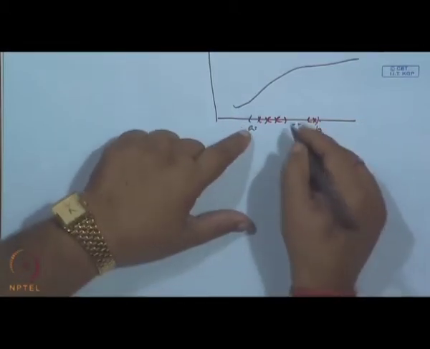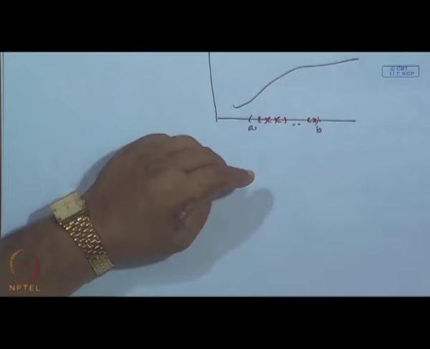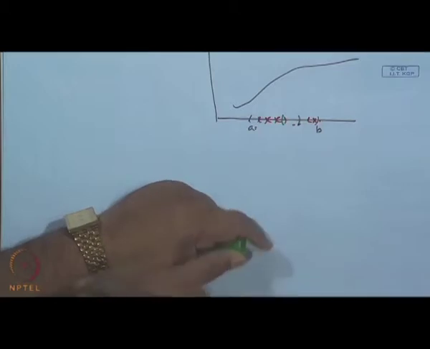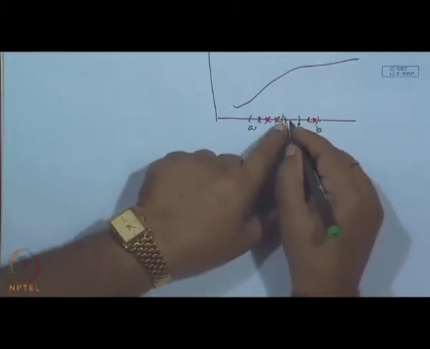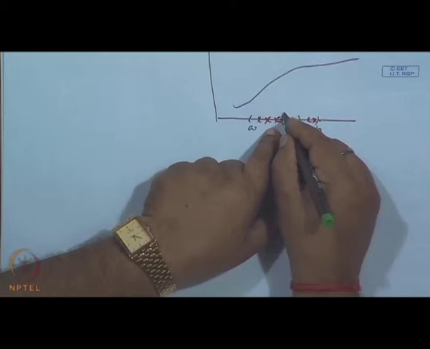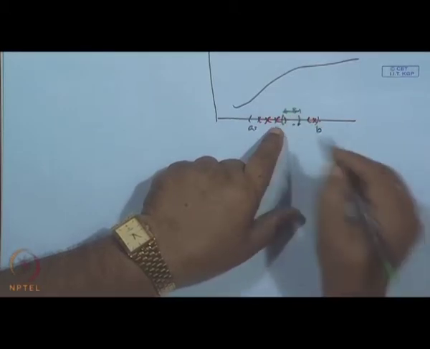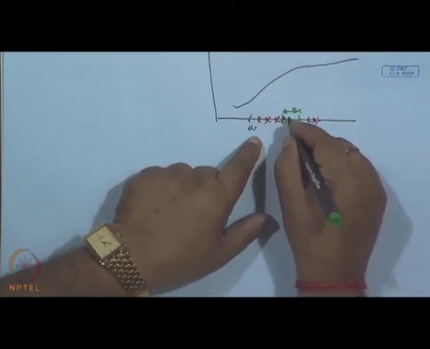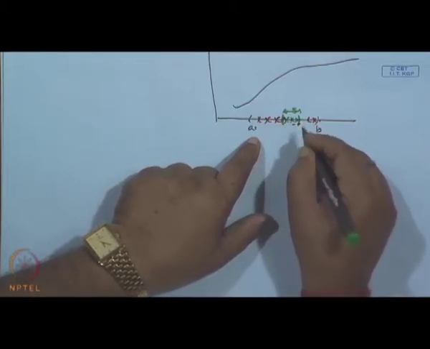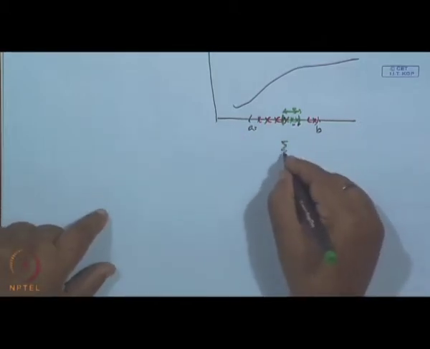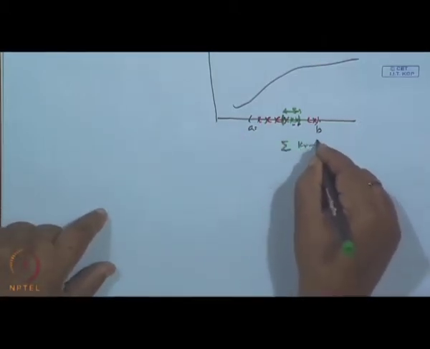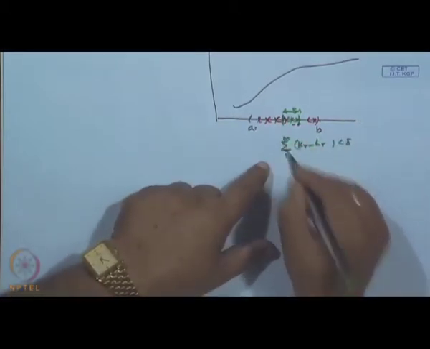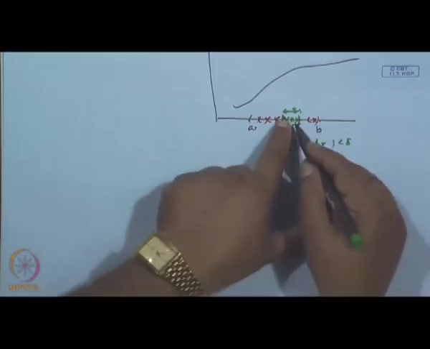Taking a small portion of total length delta, over it we can find non-overlapping intervals such that the sum of k r minus h r, r from 1 to infinity, is less than delta.